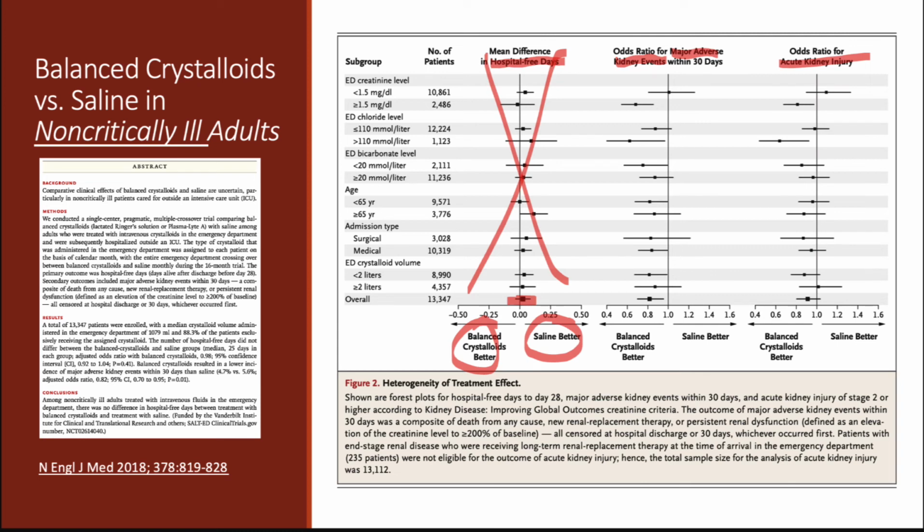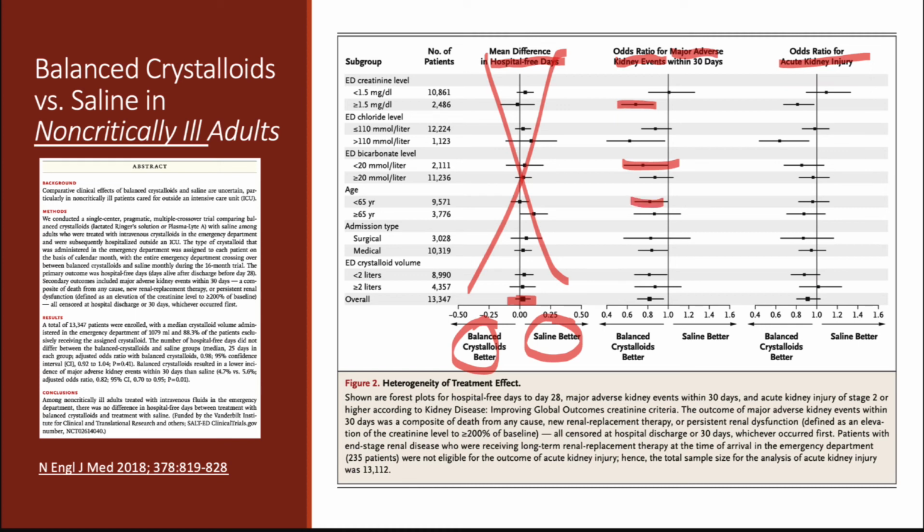For major adverse kidney events, we see that when the emergency department creatinine level was more than 1.5, they did better with balanced crystalloids. The ED bicarb level, when it was less than 20, they did better with balanced crystalloids.